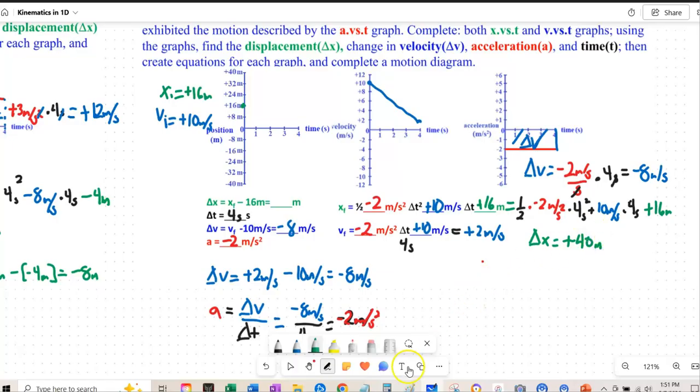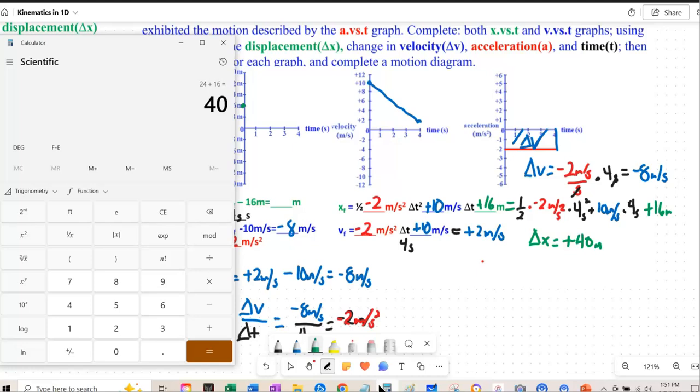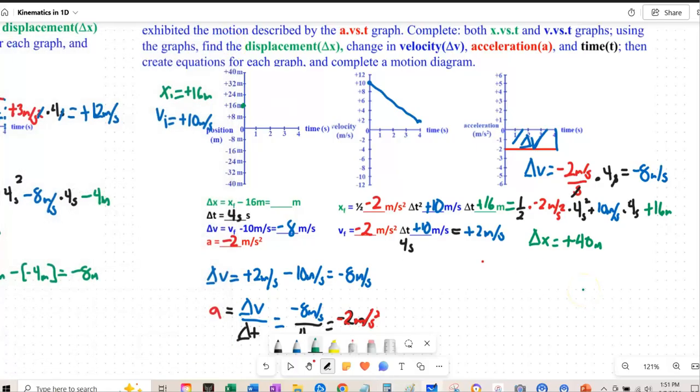You know what? I'm just going to double check. 24 plus 16. Yeah, okay. So that means at the 4 second mark, it's going to be over here at +40.